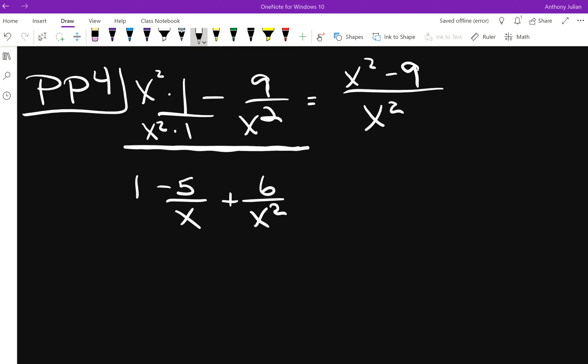All right, now we'll do the denominator. Same thing. Get our denominators to be the same. I'll write that as 1 over 1. And we want to get them all to be the same. So this x, I want to get it to equal x squared, so I've got to multiply top and bottom by x.